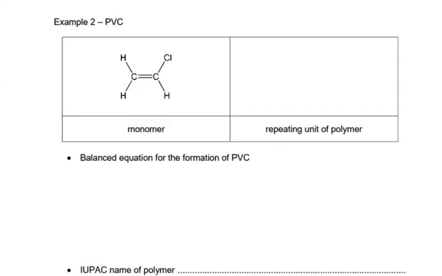So to the notes then, I've started with the second example, which is PVC. So we have chloroethene here. So the repeat unit of the polymer, remember we'll draw our monomer out like the letter H, remember I've broken that double bond, so they're now just a single bond between those carbons.